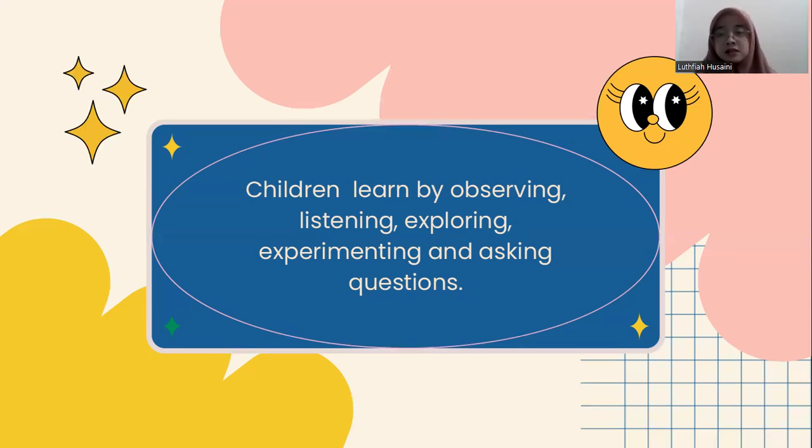The third is exploring. Children learn by exploring. They like to explore new things, new material that they never learned before. So exploring is a good step to do in the class. And also experimenting.